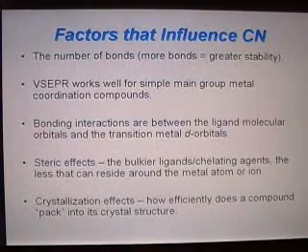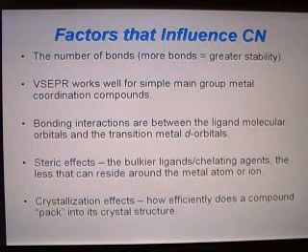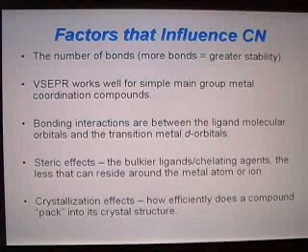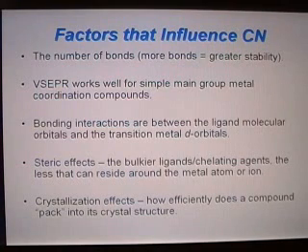Here are the factors that influence coordination number. First, the number of bonds that form between a metal cation and the different ligands leads to greater stability. And as a matter of fact, we'll talk about an effect where chelating agents have a tendency to stabilize coordination compounds very well.